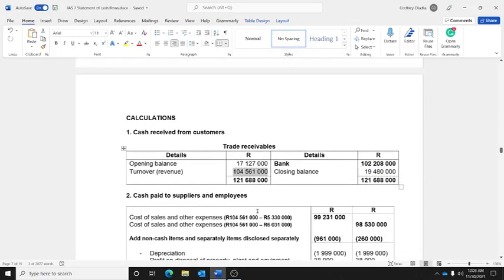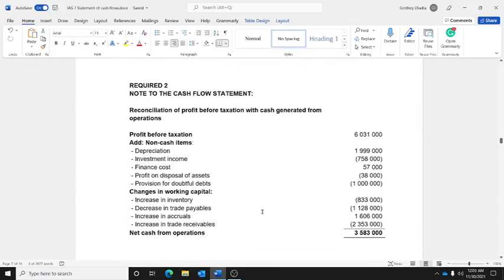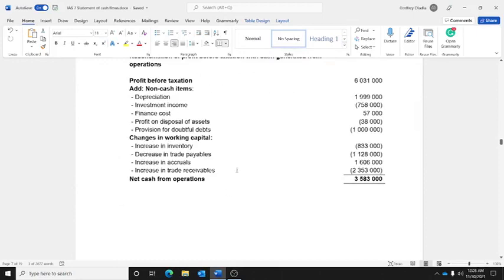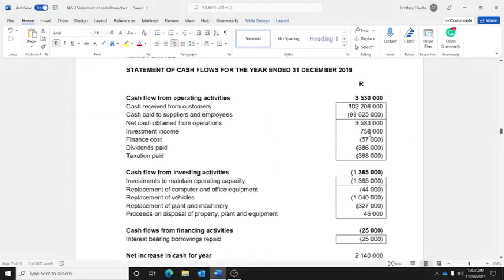It's more like an outflow, right? So this is the increase. It's an outflow. Then if you add all these, they give you this figure, which then agrees to this one here.